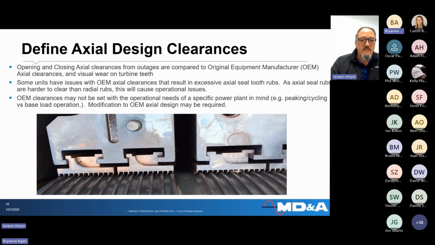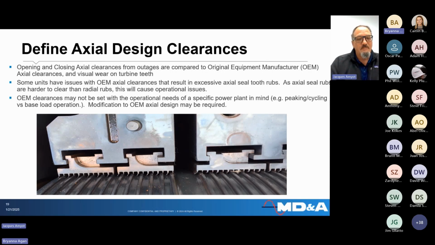Was that because the axial clearances were set incorrectly in the previous outage? Is it because there was a design issue with the axial clearances from the OEM? Is it because there was some sort of operational issue that caused, say, a long rotor, short rotor condition that resulted in that rub? We try to weed all that out as part of the design process.